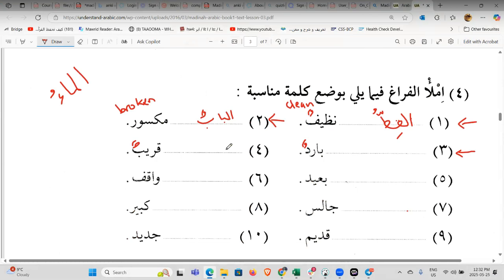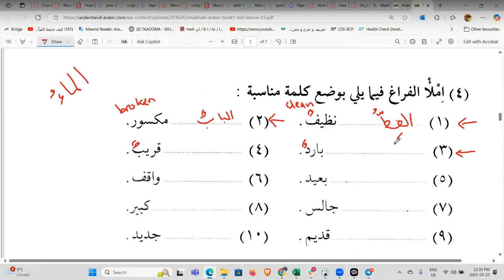Next one. We have qaribun. Qaribun is near. Al-masjidu qaribun. Very good.